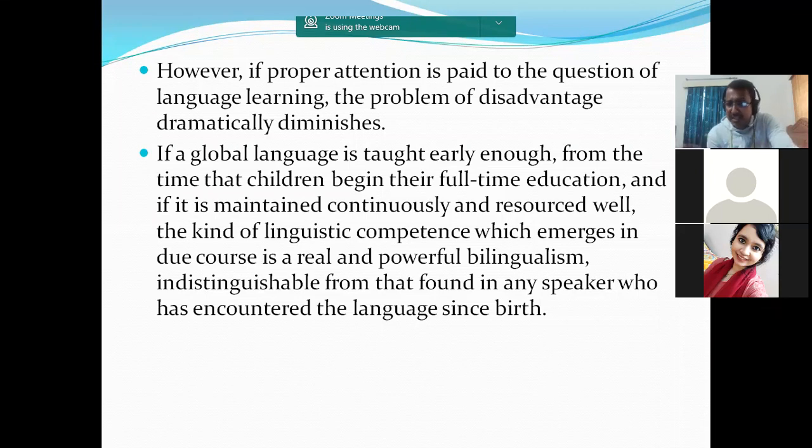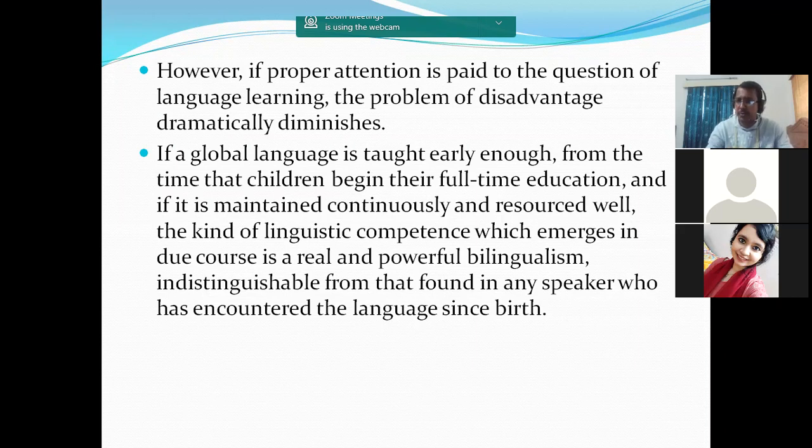So the problems of global language or the dangers of global language can easily be eradicated to make ourselves bilingual. That means we have to know my mother language as well as the global language or any other language. This is called bilingualism. That means a person who can speak in two languages.